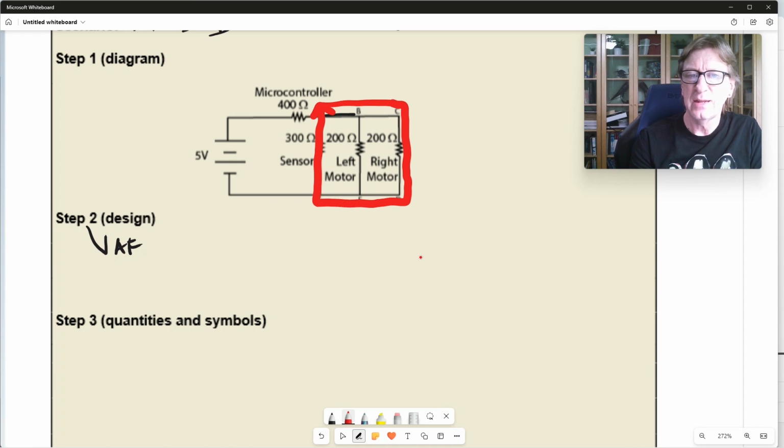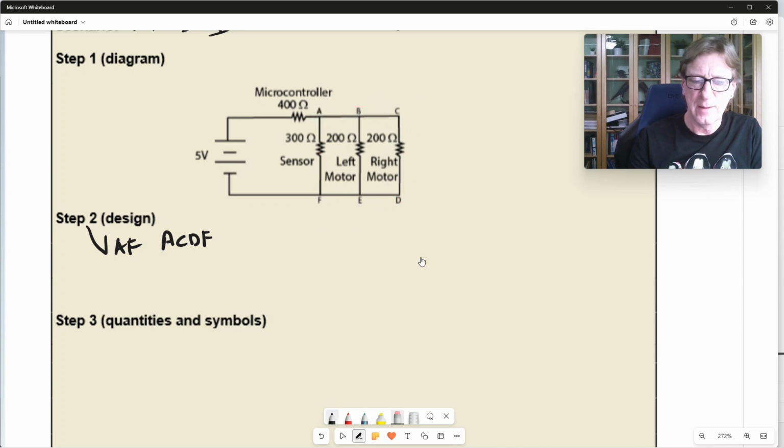And you see that I've added this new component in here. This one we've already used, but I've added a new component here, adding in that right motor. So I might use A, C, D, F. I'm just recording these so we know what to go back and look at.